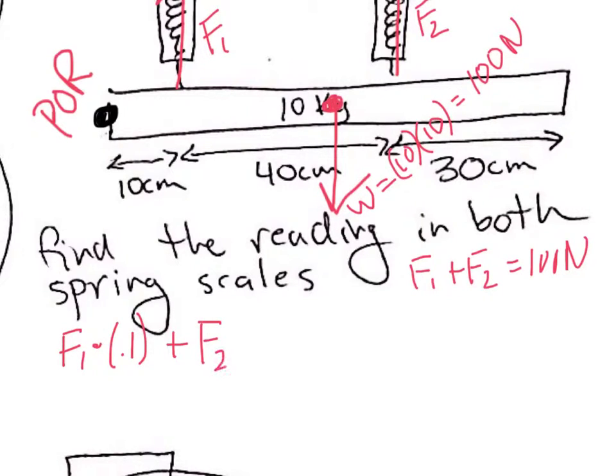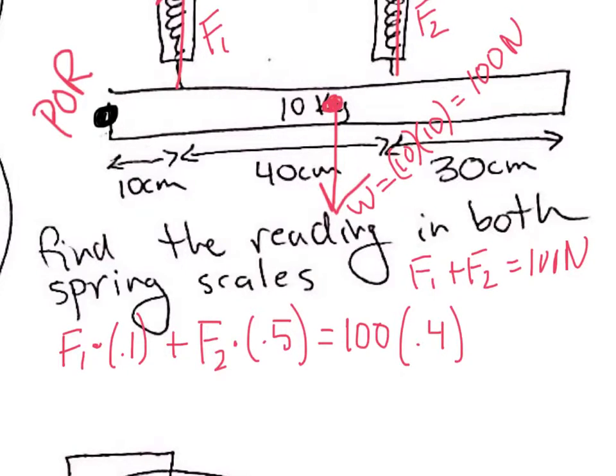F2 times the radius for F2, which we figured was 50 centimeters, so 0.5 meters, and that is equal to the force due to gravity acting at the center of mass, which is weight, 100 newtons, times the radius, which was half the length of the thing, whatever that thing is, so that was 40 centimeters. The center of mass is in the center of the thing.